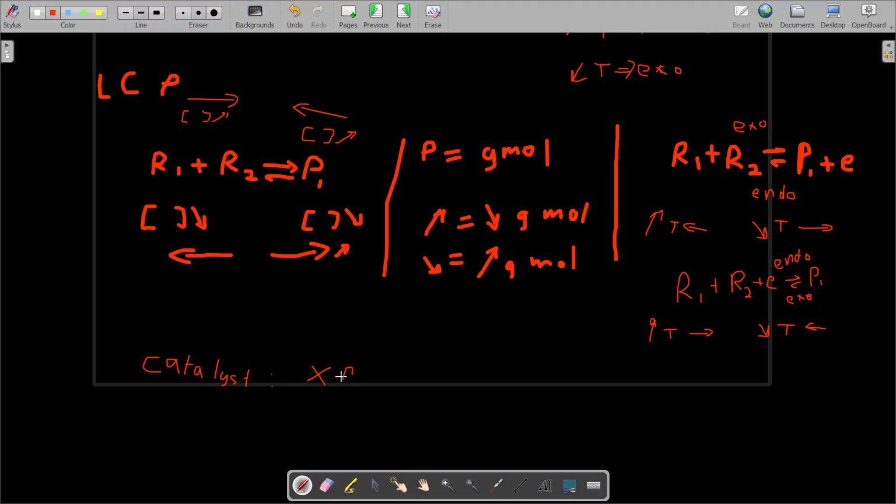No favoring, it's not gonna favor a product or reactant. So it has no favoring over any side, but it's just gonna increase rate without doing anything else. So when you see a catalyst, it will have no effect according to LCP.